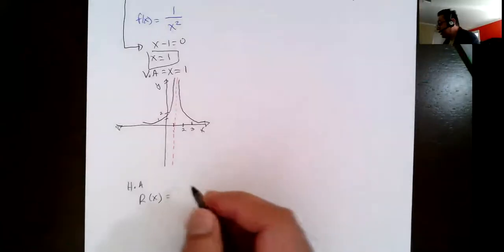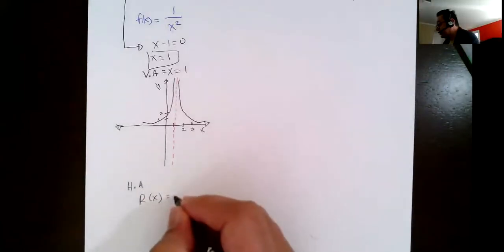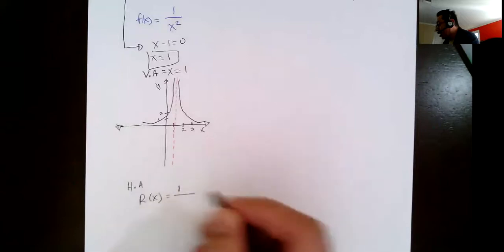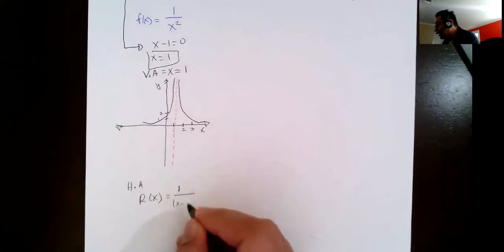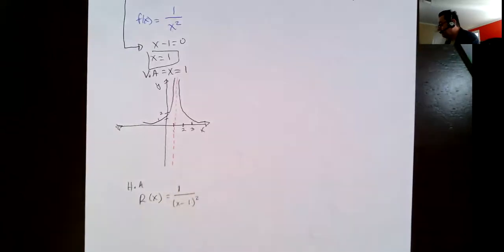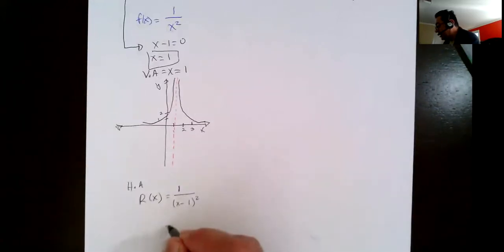So let me rewrite R of X because we want to find the horizontal asymptote, right? So here we got a 1, and here we have x minus 1 squared, right? So remember, in order to find the horizontal asymptote, we're going to compare the degrees of the leading terms, right? So I'm going to use this trick.